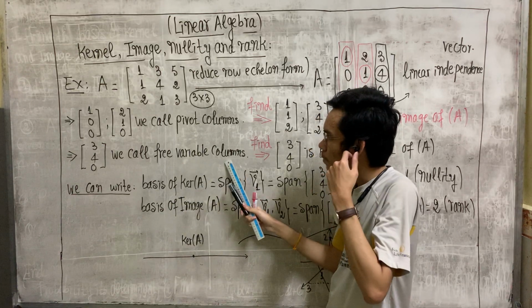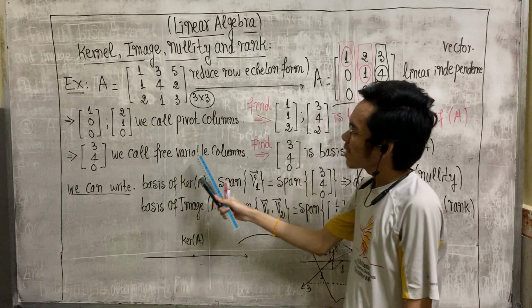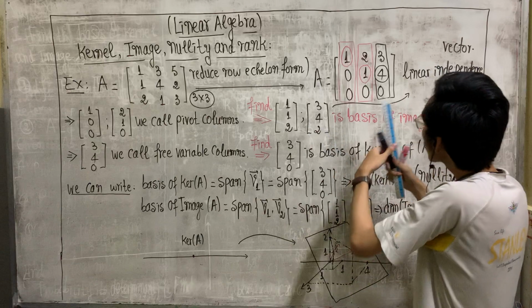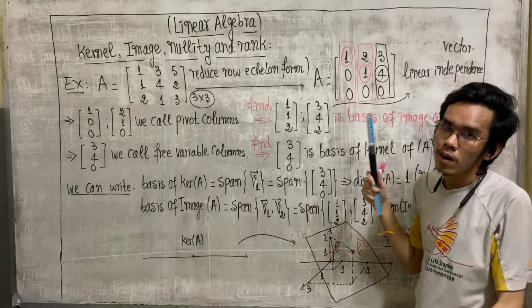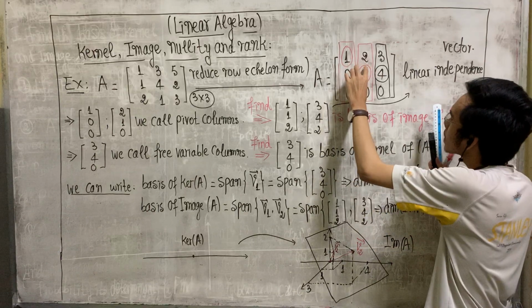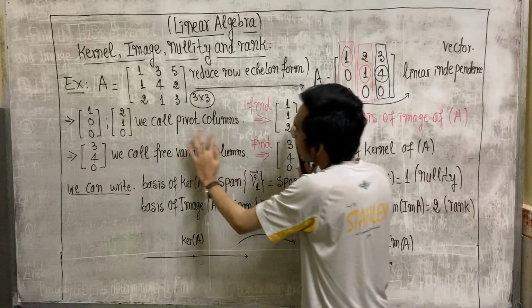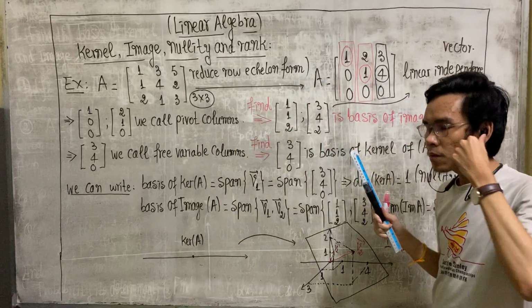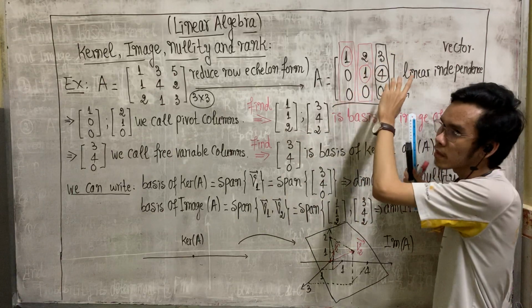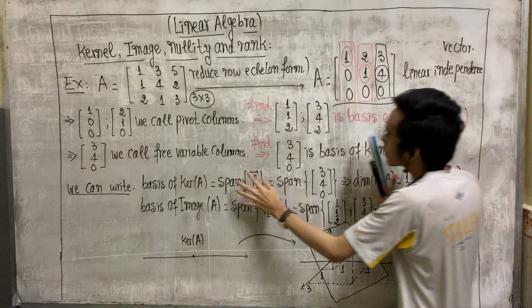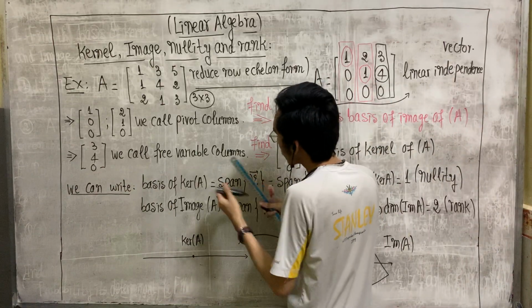A free variable column is a column that doesn't have the number 1 in front. If a column has the number 1 in front, we call it a pivot column; if it doesn't, we call it a free variable column.